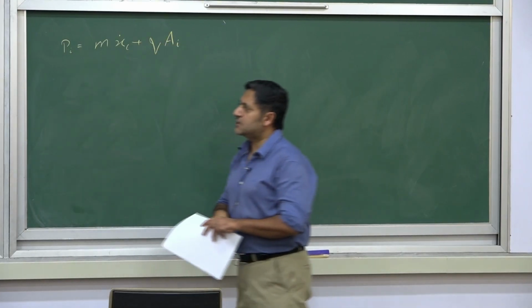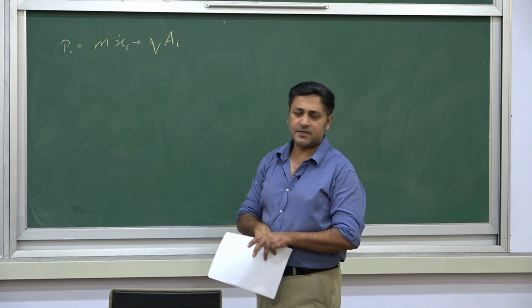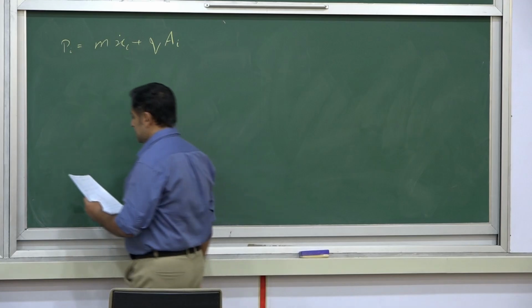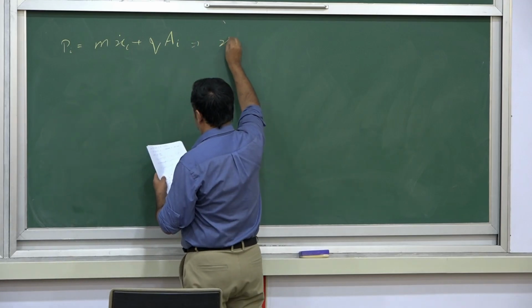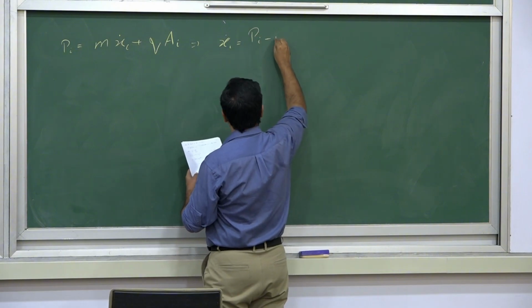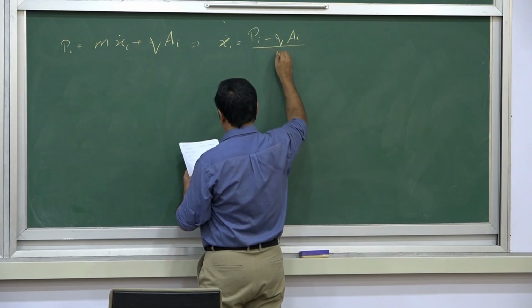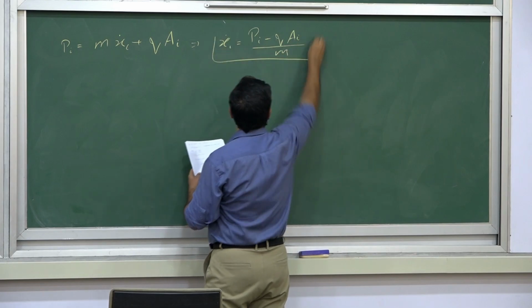It's the simple partial differentiation with respect to xi dot. So this means these velocities which I have to eliminate are these.